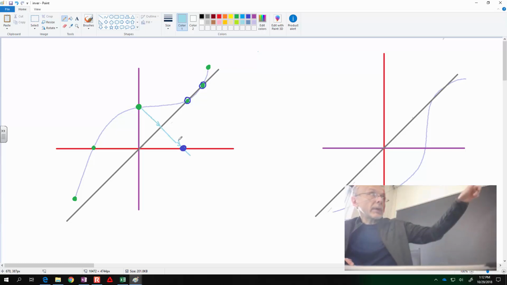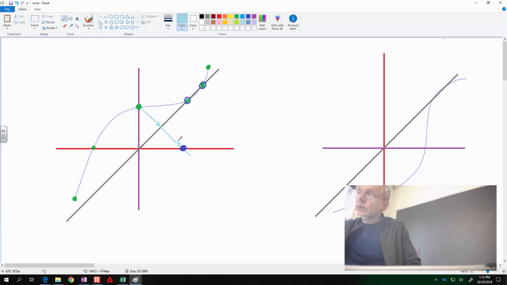Similarly, if I pick that point on the red horizontal axis on the left, its counterpart will be where? The point on the left, on the red axis, on the vertical axis. So once again, I don't have to measure anything.